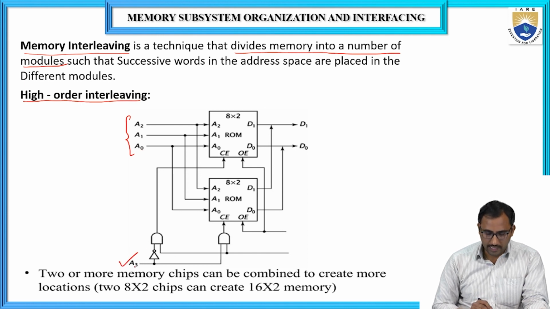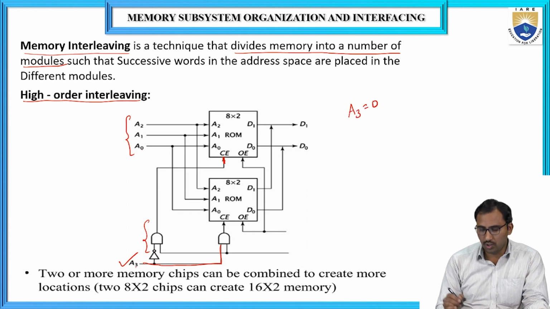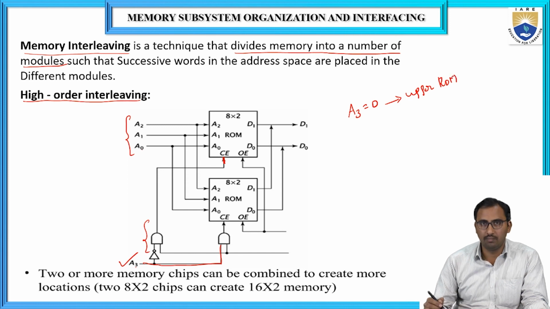This A3 we are giving to the CE of the first chip through some gates, and we are giving the same A3 to the other chip. So when A3 is equal to 0, we can access the upper ROM.